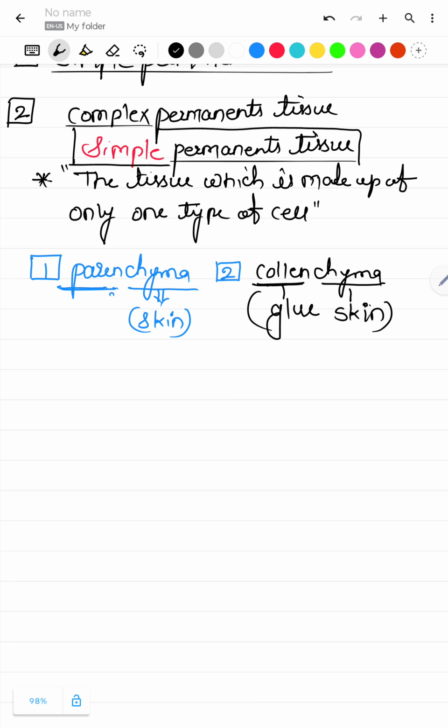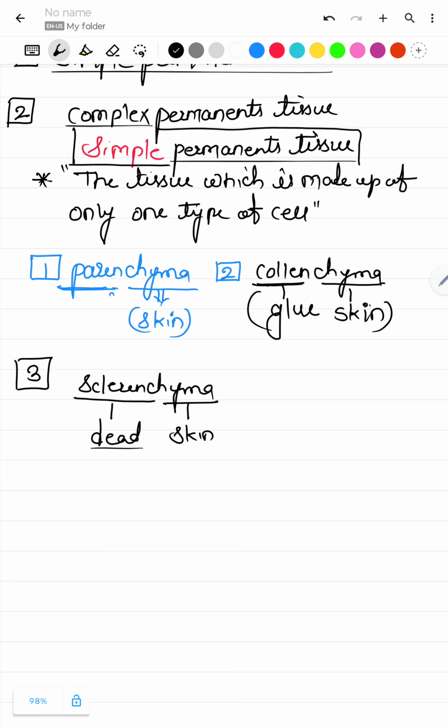And the third type is sclerenchyma. Sclero means dead, and chyma is skin, so dead skin tissue.